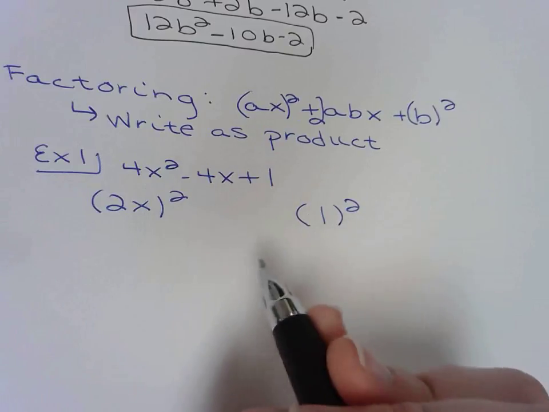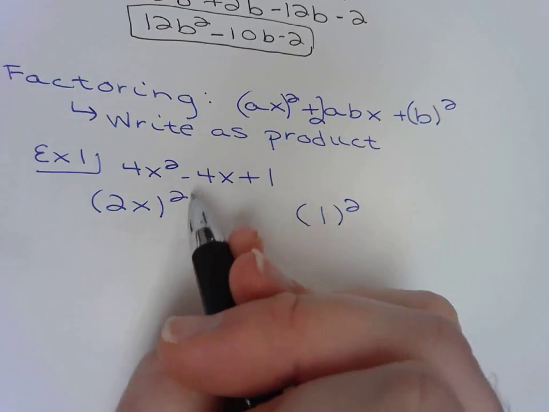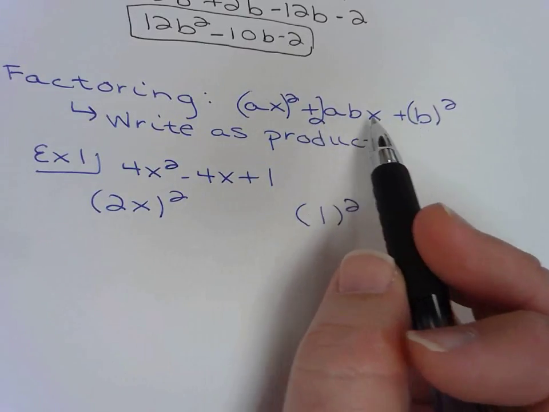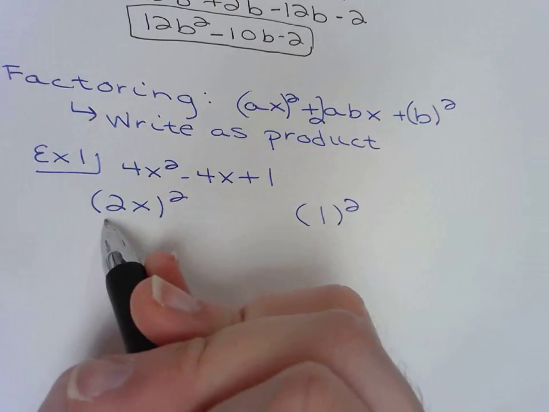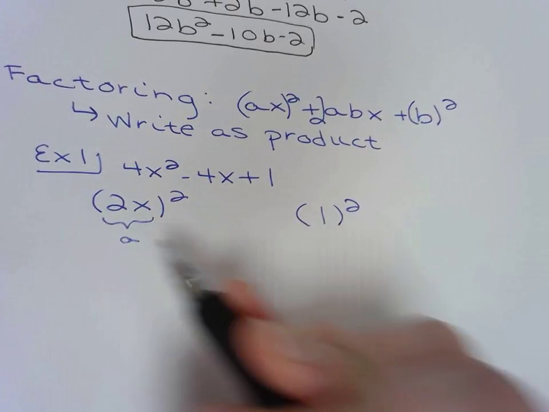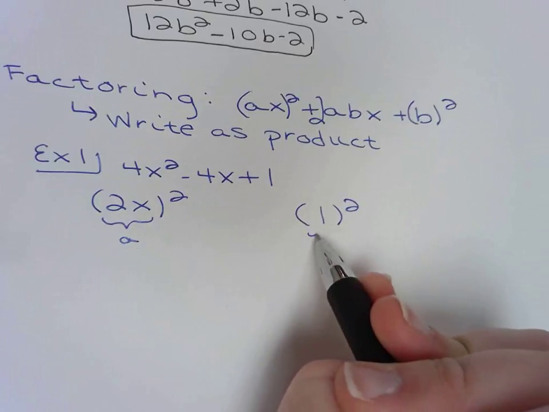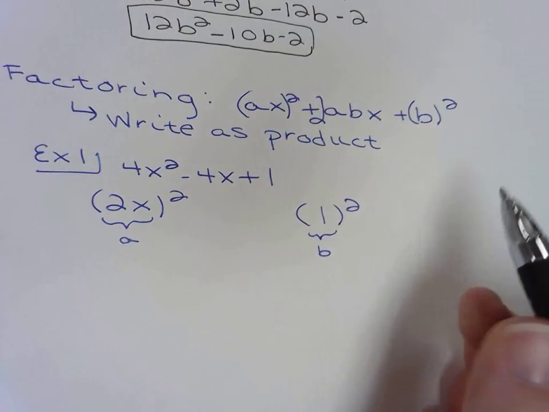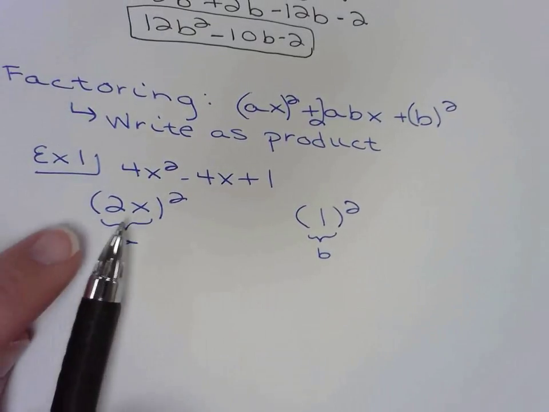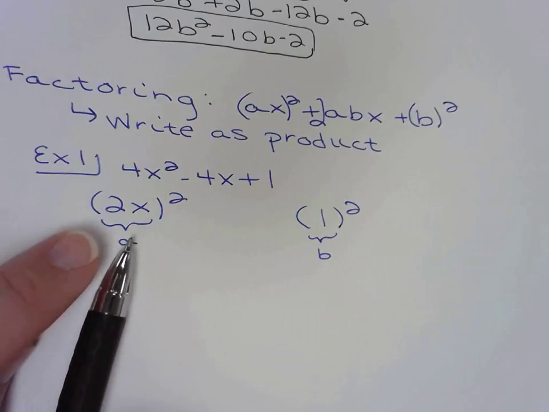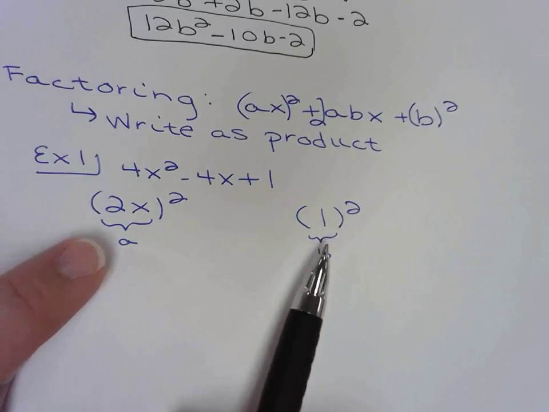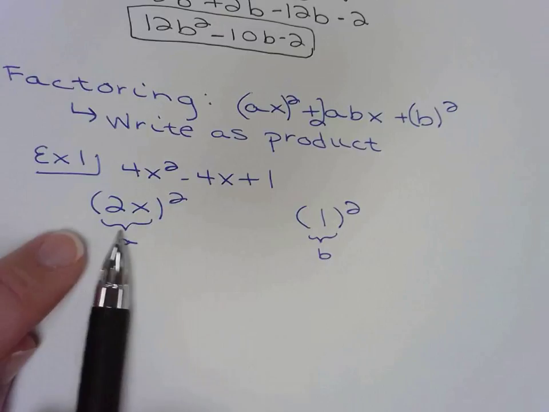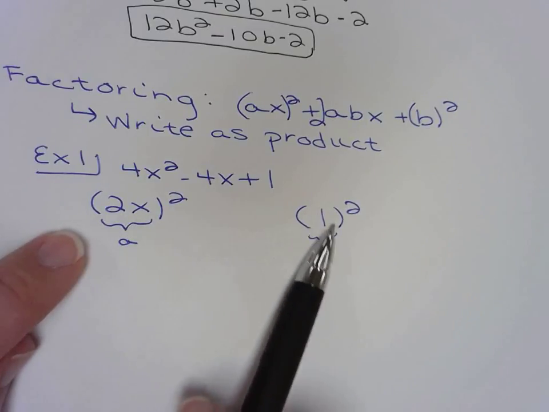After that, you need to make sure your middle term is equal to 2abx. What that means is this first part would be your a, and this last part would be your b. You need to take what squared from the first term and what squared from the last term. So this is your a value, this is your b value.